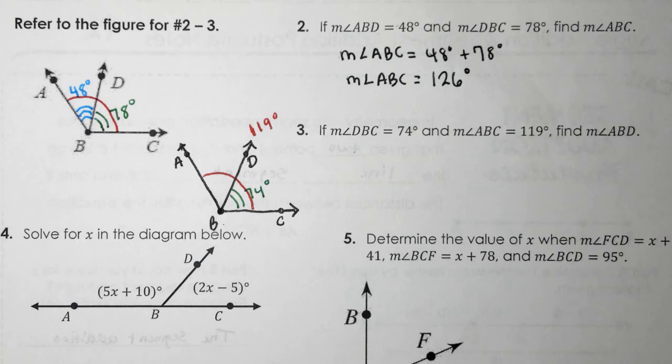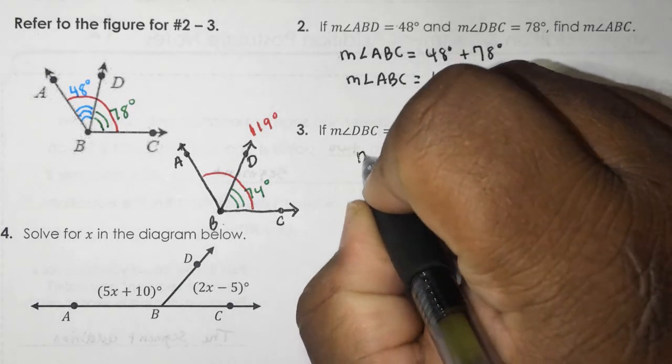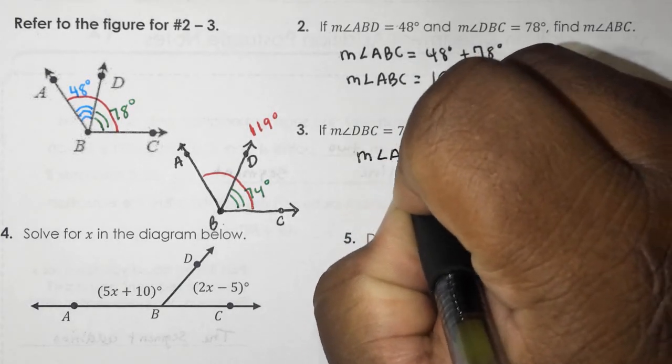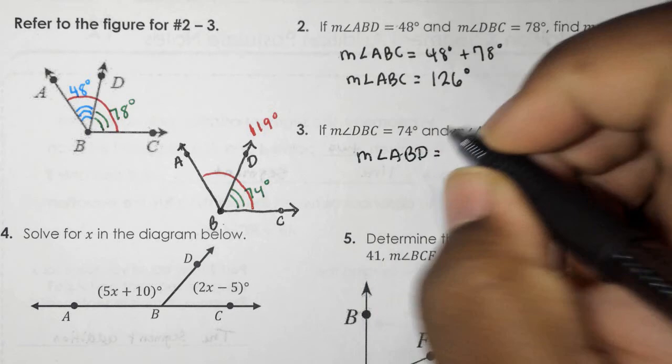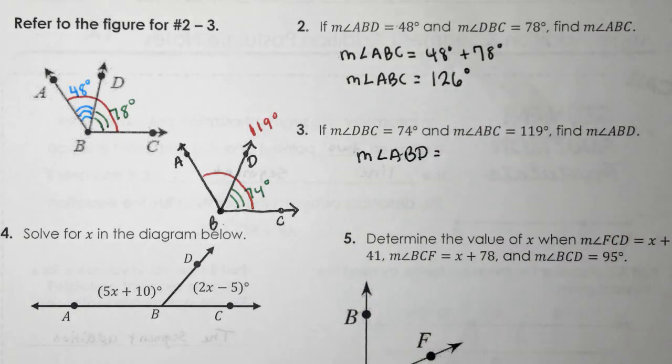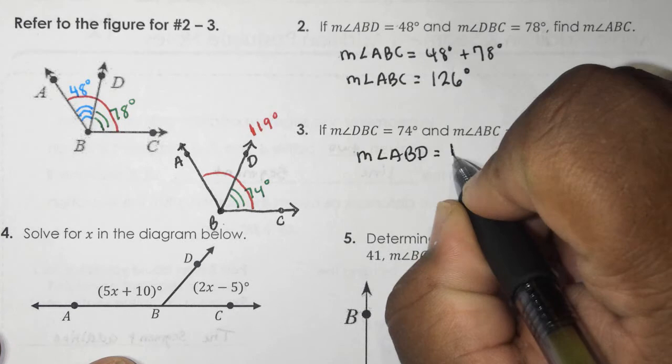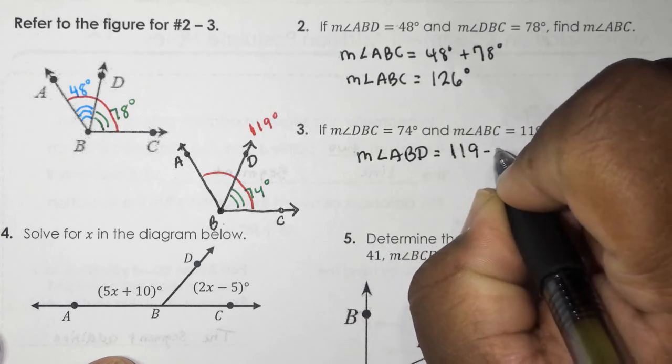It should be obvious to y'all, but somebody tell me what to do. Measure of angle ABD equals, what do I do? Tell me what to do, not what it equals. And then we'll write what it equals afterwards. Yeah, we should subtract, right? And you said 119 minus 74.